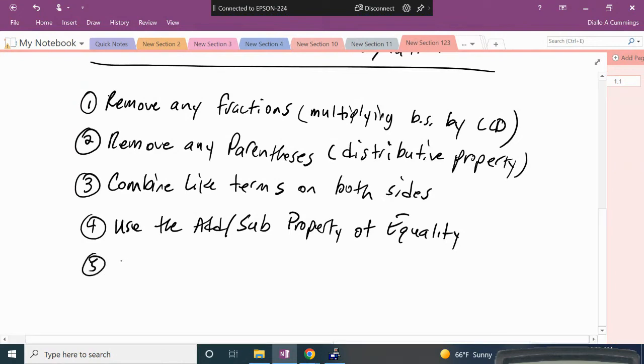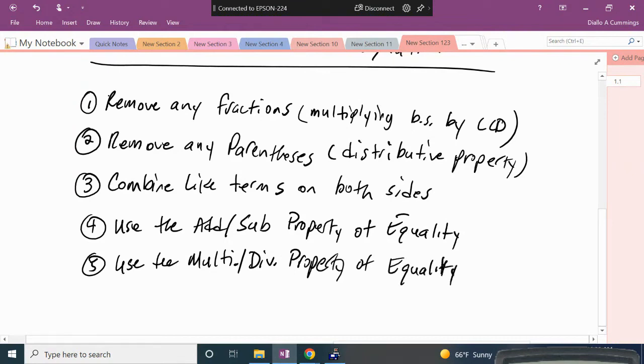Okay. The fifth thing you want to do is use the multiplication/division property of equality. Here again, whatever you multiply or divide by one side, you must multiply or divide the other side by that same quantity.